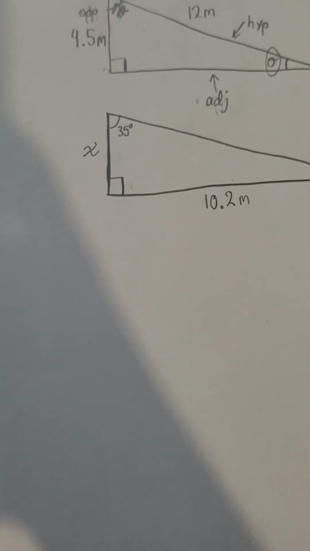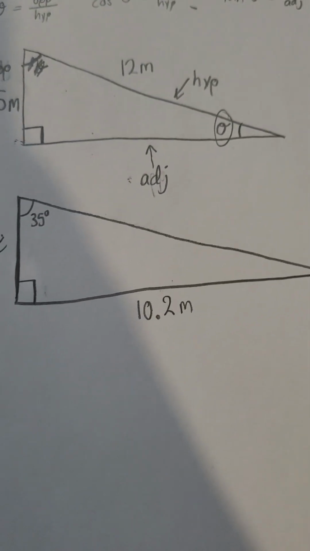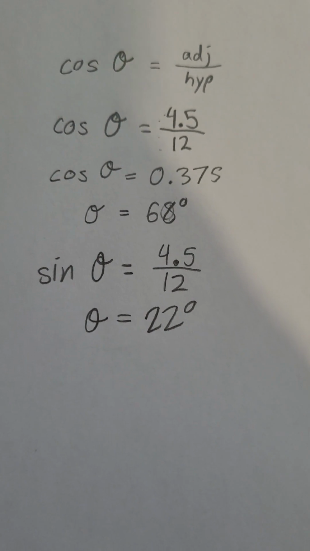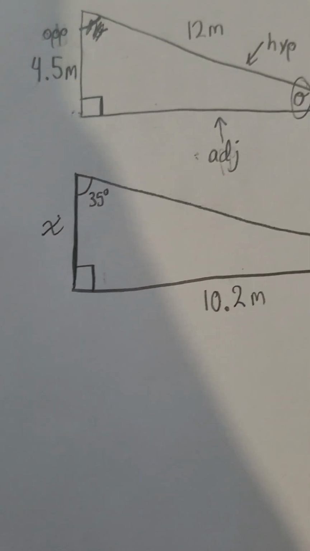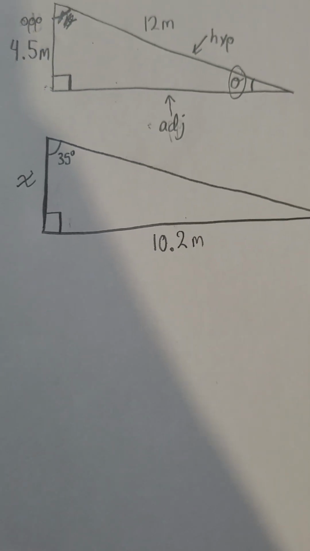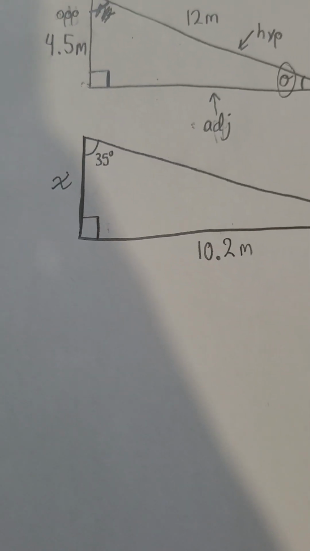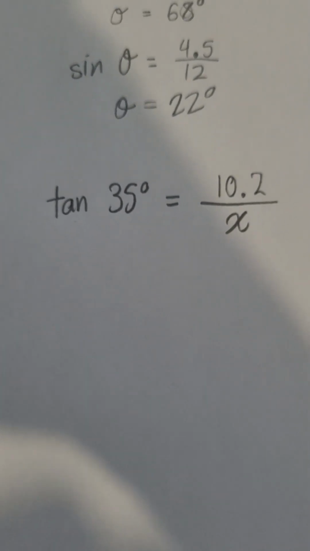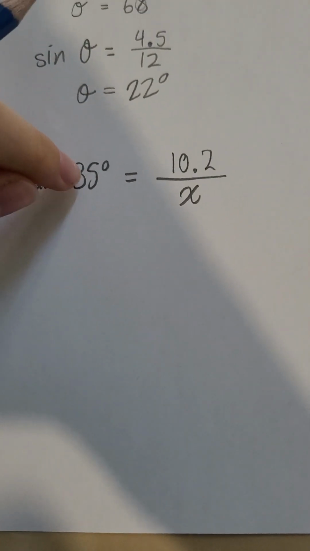Tan. And since we have an angle, we don't have tan theta or sine or cos theta. We actually have tan 35, and then we have a variable for whatever the adjacent side is, and then the opposite side. So I'm just going to write out the equation really quick. So here we have the different equation, and we put in 35 here because that is the measure of the angle.